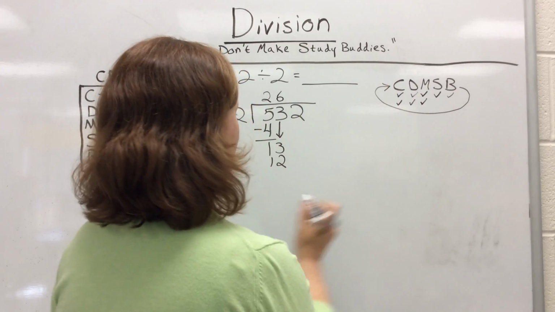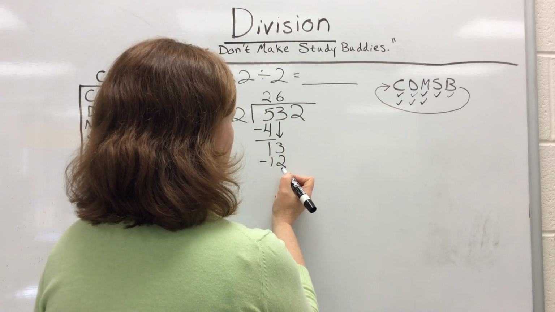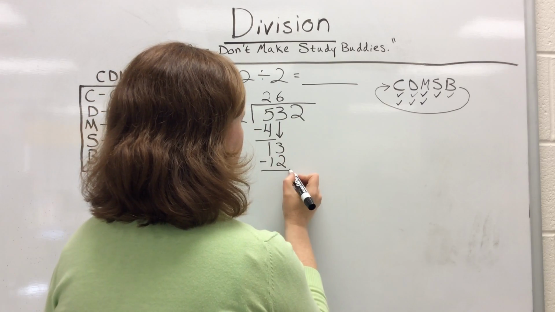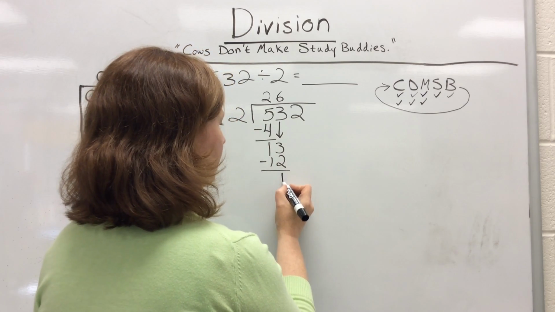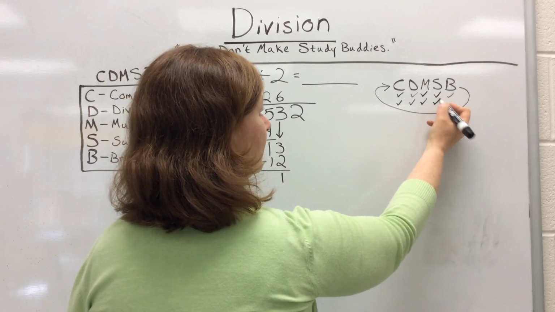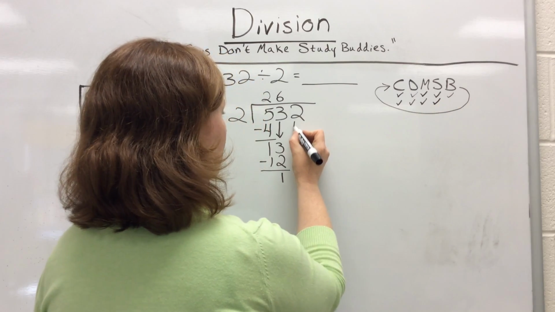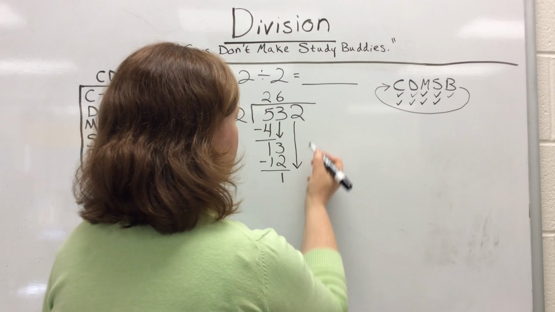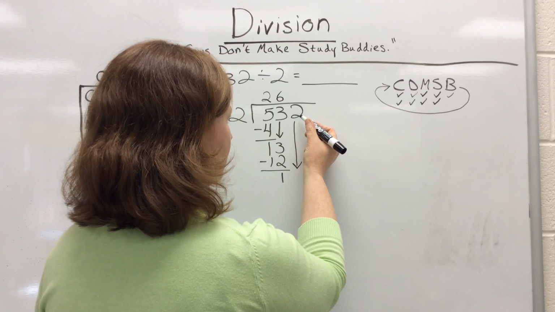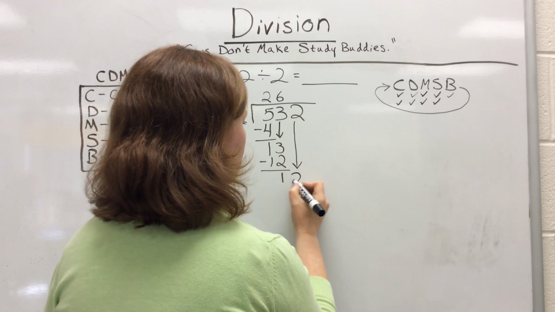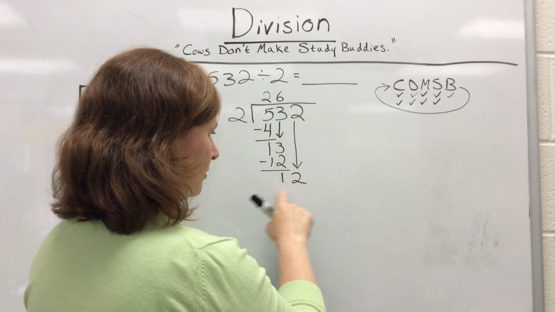Next step is subtract. Subtract the number I just wrote from the number above it. 13 minus 12 is 1. Next step, bring down. I'll bring down the next digit in my dividend, which is 2. And now I have a new number, 12.